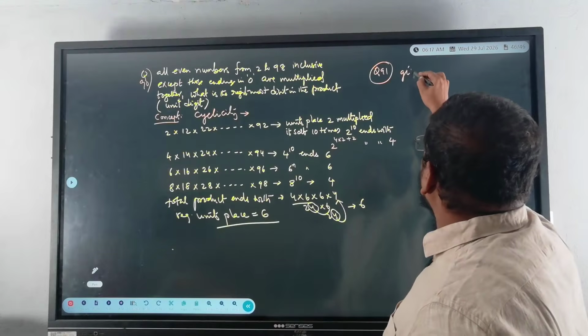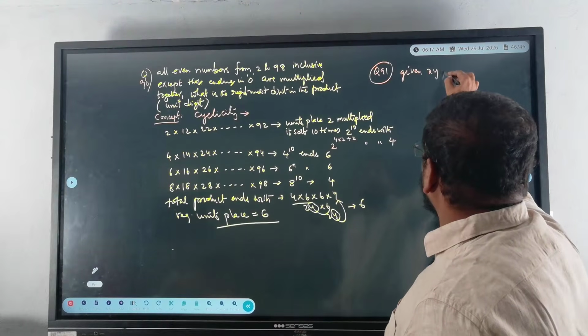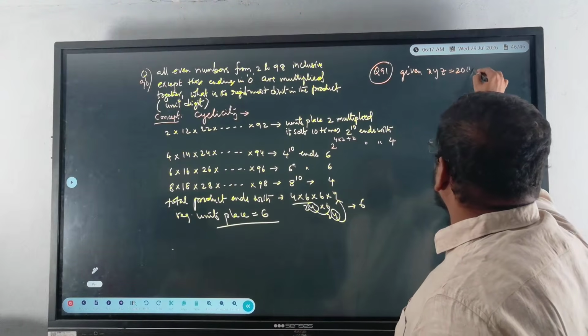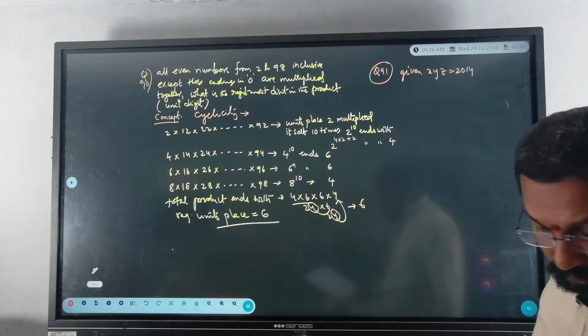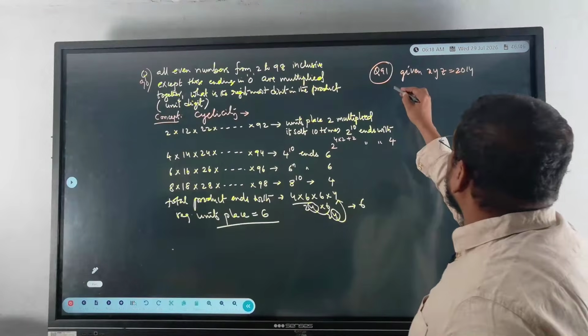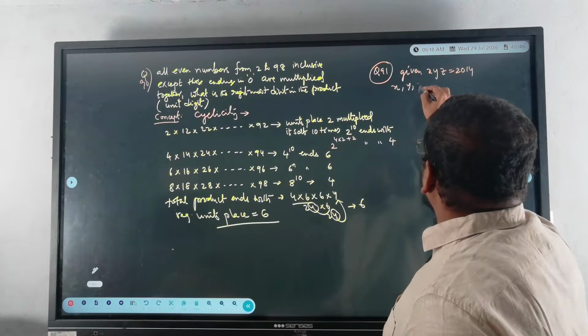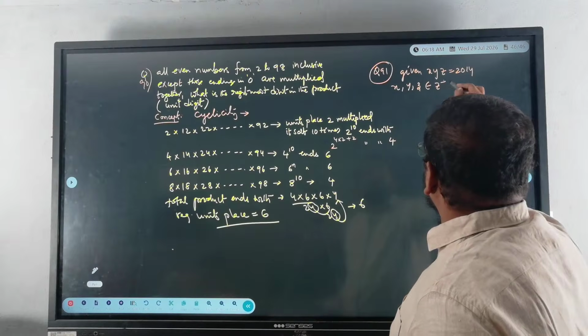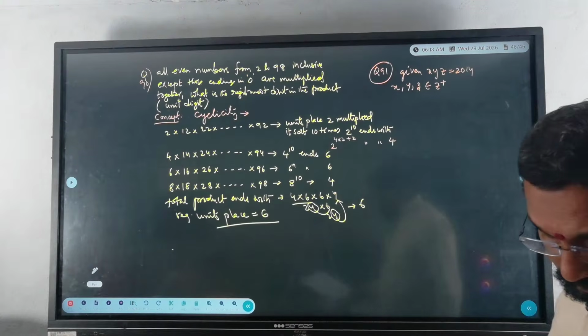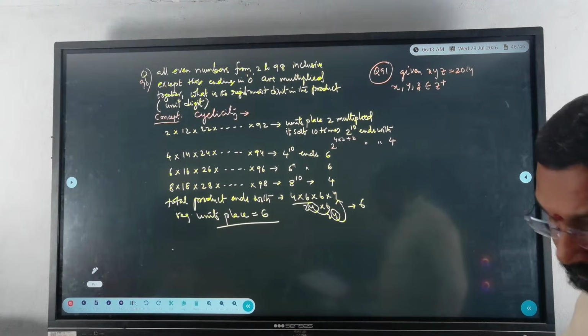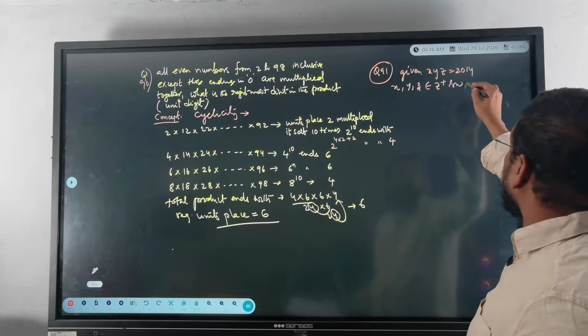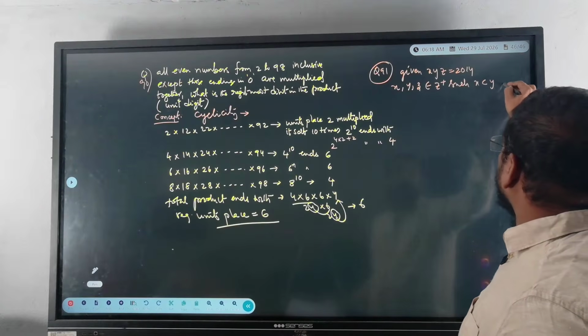Question number 90. Given xyz is equal to 2014, the product is 2014, where x, y, z belong to positive integers such that x is less than y is less than z.